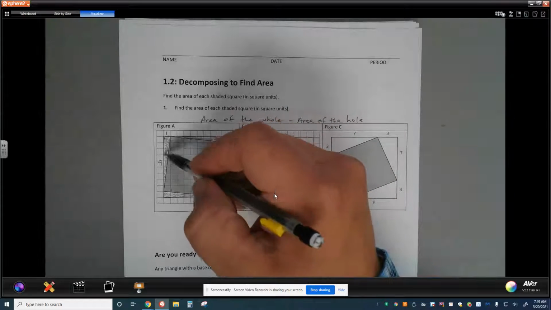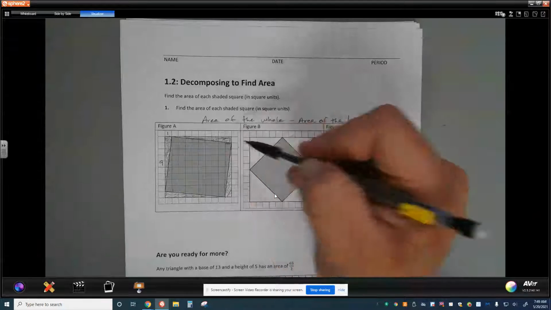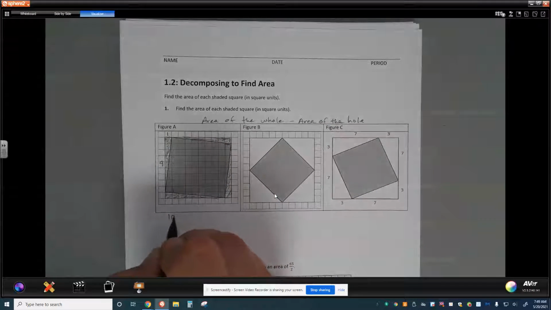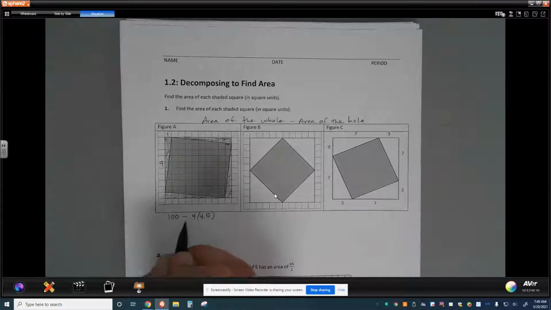You can see that this triangle right here is the exact same size as this triangle right here. So I can take that 100 square units and subtract 4 times 4.5, which is going to be 18. So 100 minus 18 will give me 78 square units.